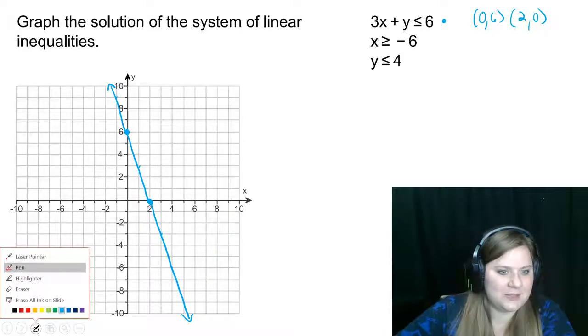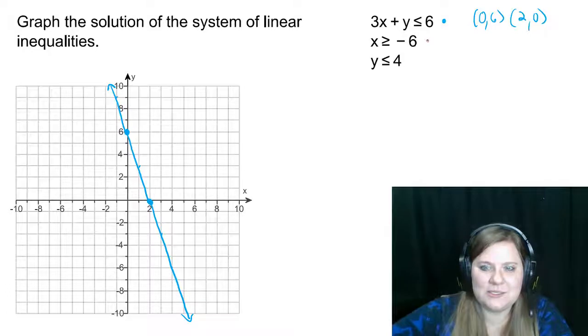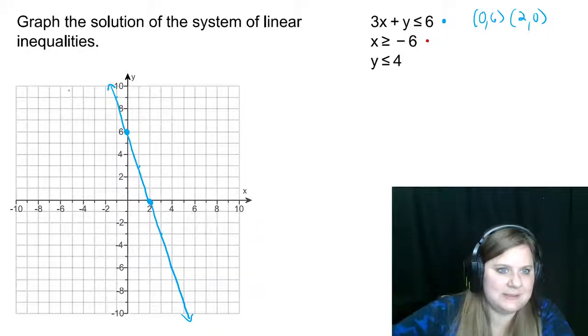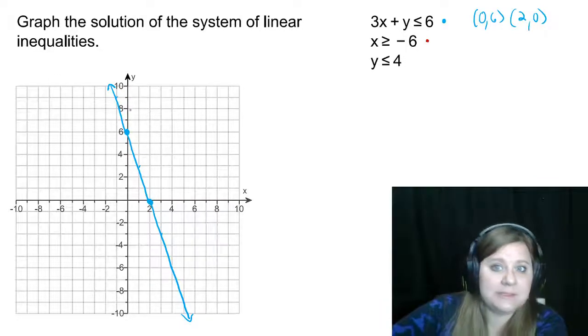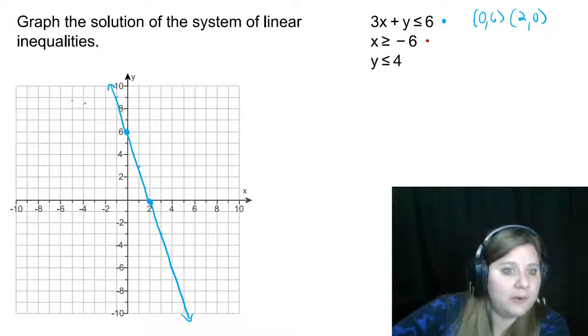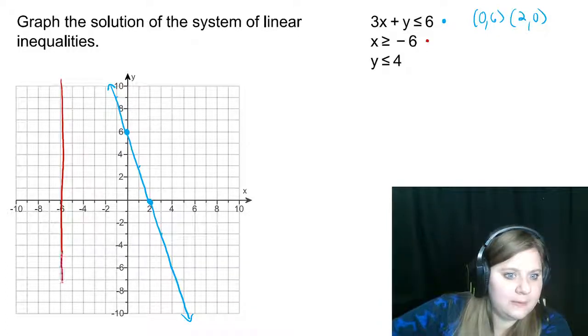And then I also have x is greater than or equal to -6. So I have this here, which is a vertical line.